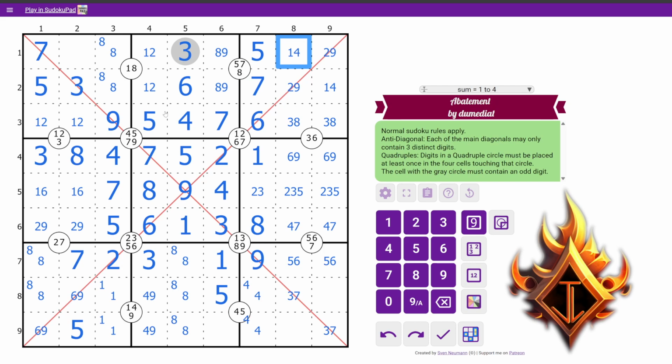Okay. 7, 3, and 9. This looks like it has... No, it doesn't.